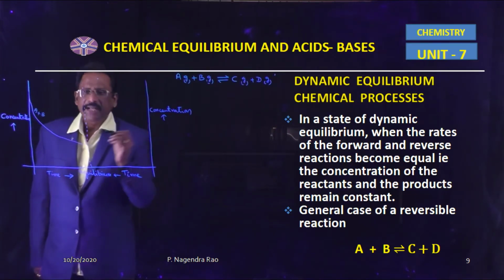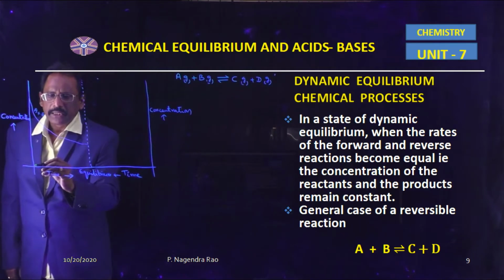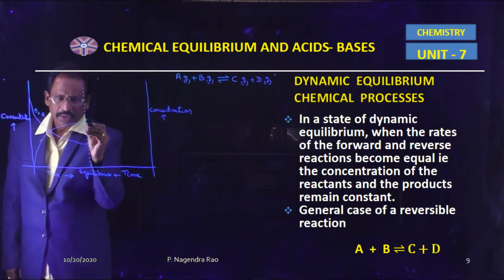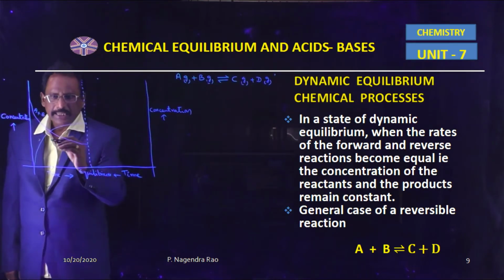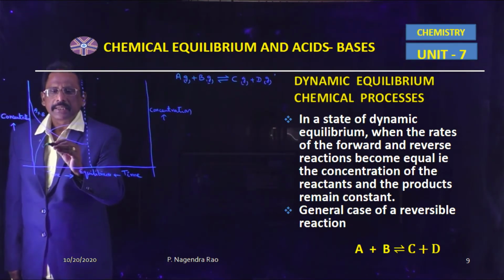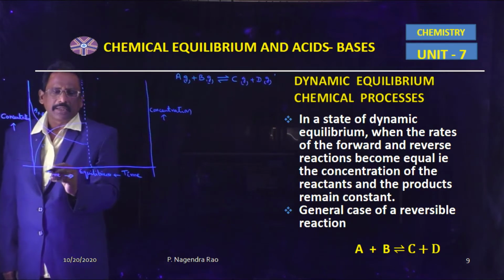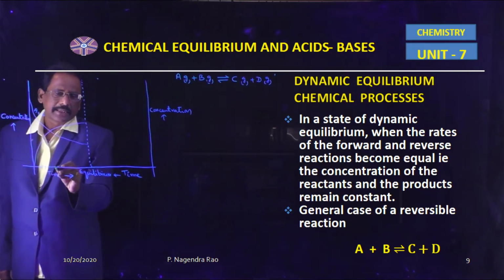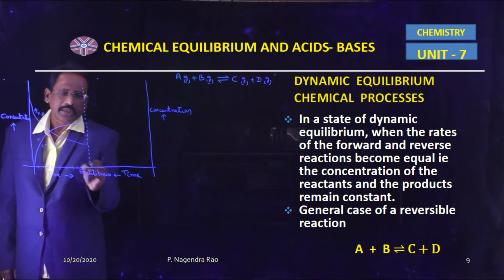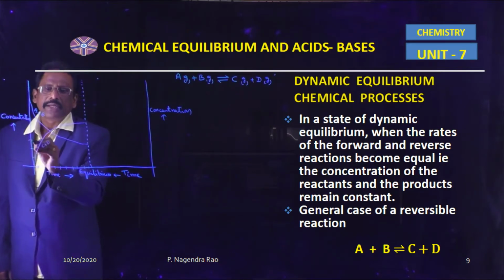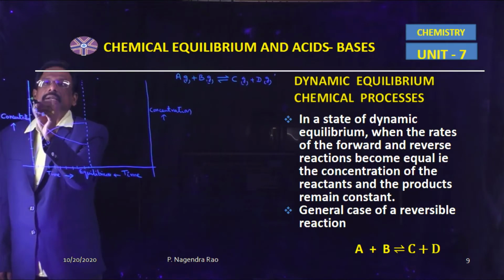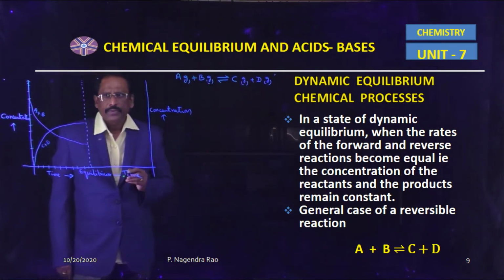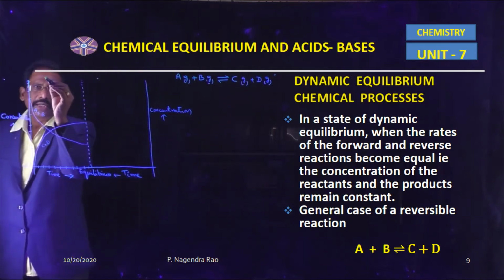At the same time, slowly the concentration of the product increases. The concentration of the product will increase. So this is the meaning of rate of forward reaction.